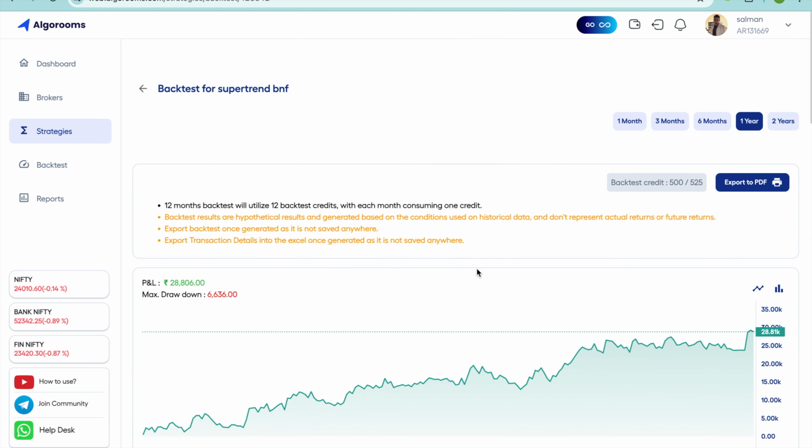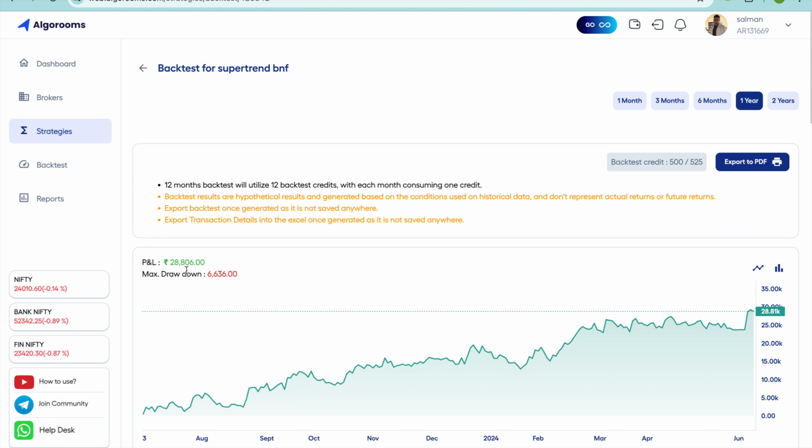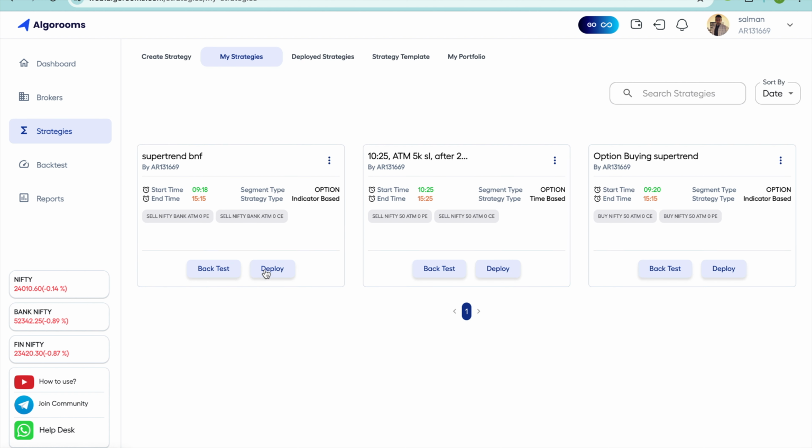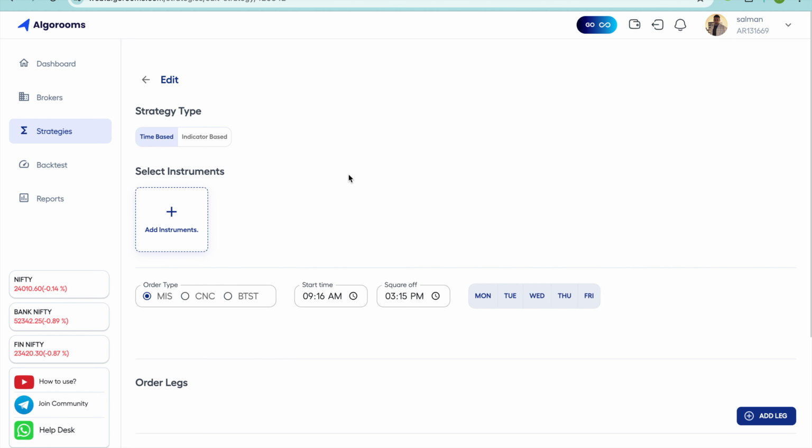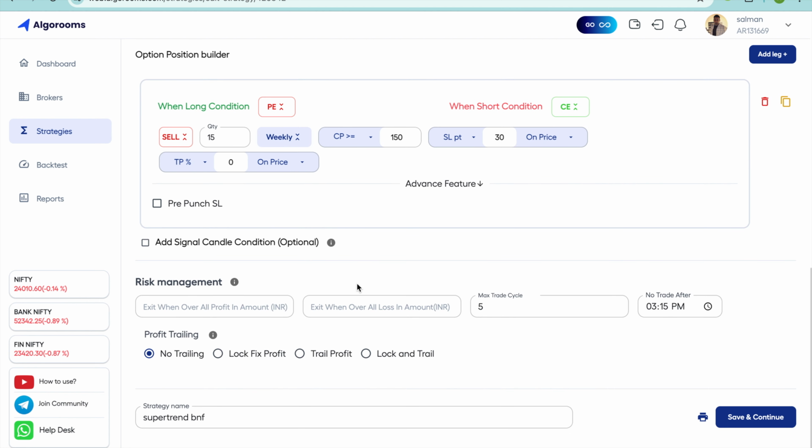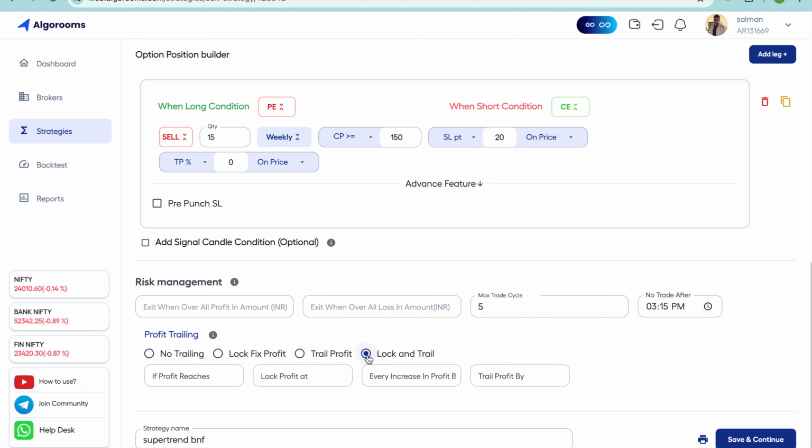So here what we can do is fine tune the strategy. Now we have 28,000 and 6,000. We go to the strategies again and edit. Now we'll do some risk management. The loss of 5k is too much, so we'll do a 20 point loss only, and we will do a lock and trail profit.